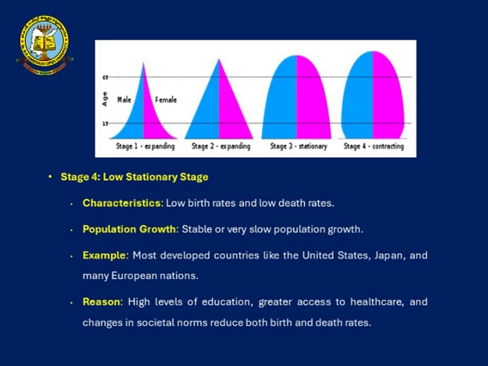You must be thinking, what are the reasons? And you can correlate this with the previous stage 1, stage 2, and stage 3. Yes, definitely. A high level of education, greater access to healthcare, and changes in societal norms reduce birth and death rates.